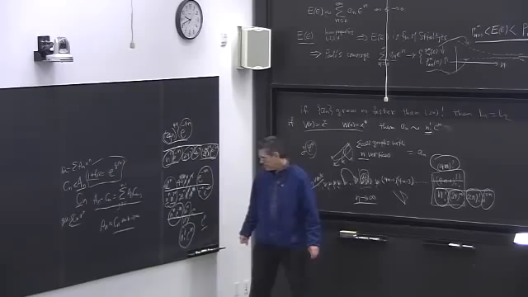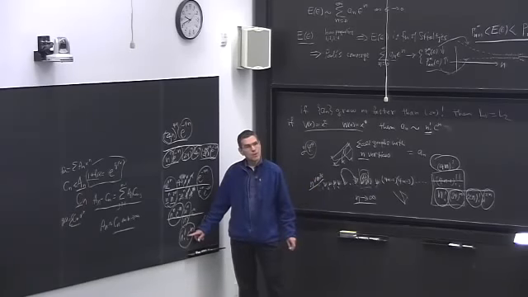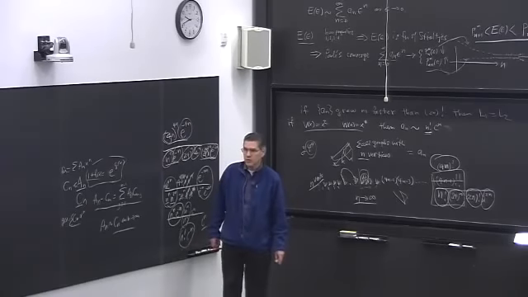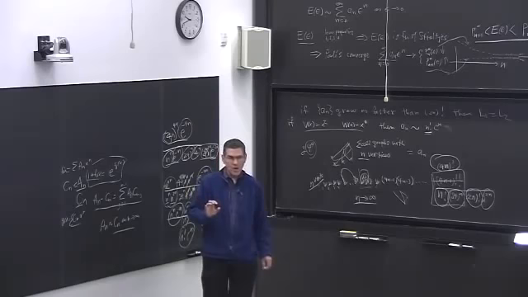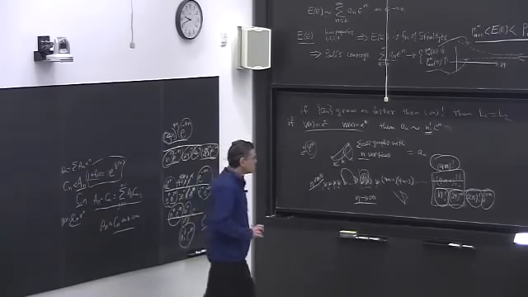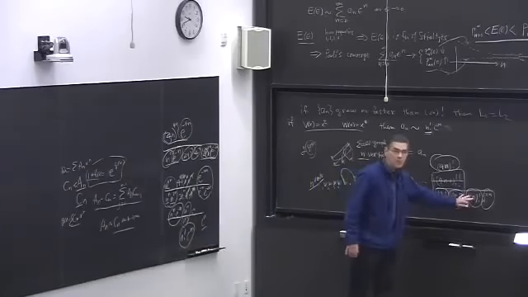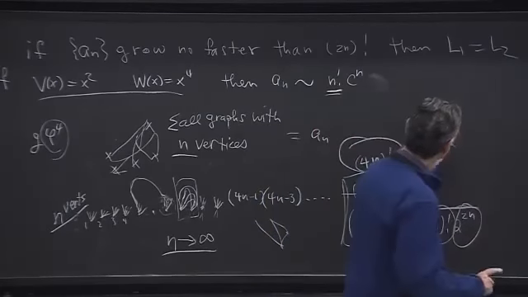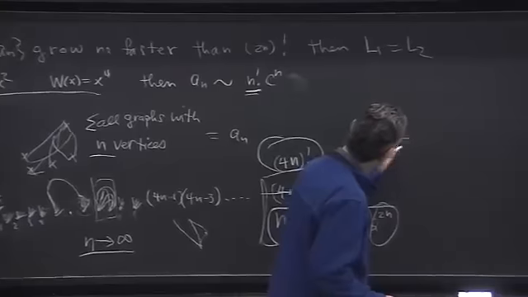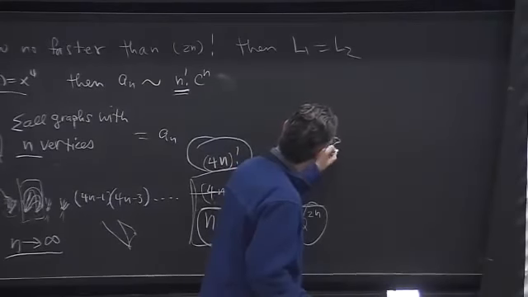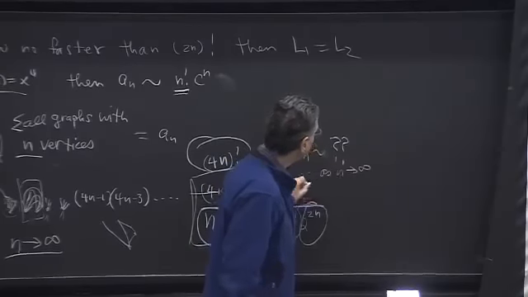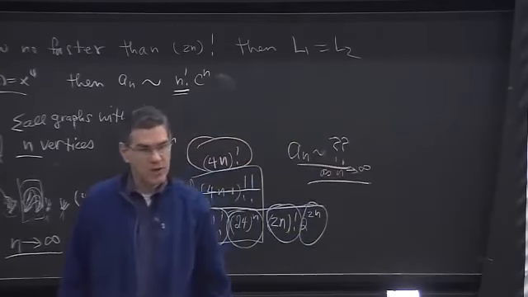But can you come up with a much more precise statement of how rapidly perturbation theory diverges? Suppose we wanted to know precisely what a sub n is asymptotic to as n goes to infinity. Can you give me a precise answer to that question?